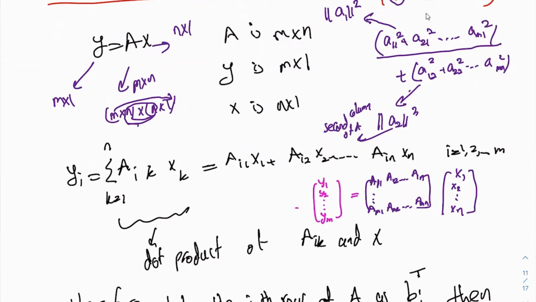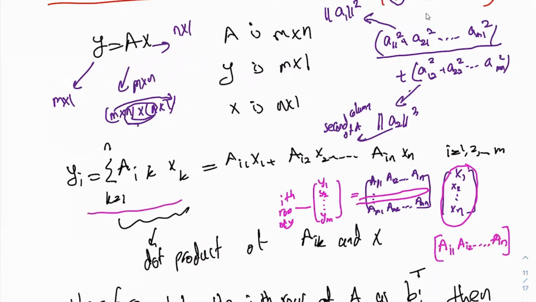So what is it equal to? The ith row of y, we are looking for that, is equal to multiplication of the ith row of A by this column vector x. Well, what's the ith row of A? We talked about that. The ith row of A is nothing but ai1, where the first index is i, ai2 all the way to ain, and that's what I have here. aik you multiply by xk.